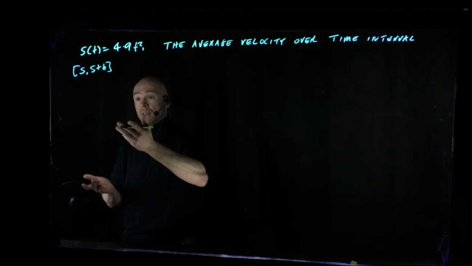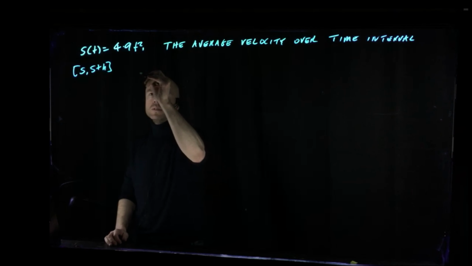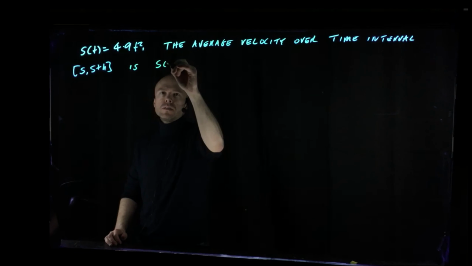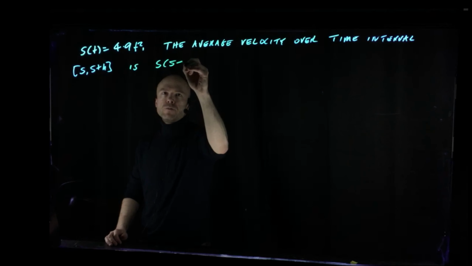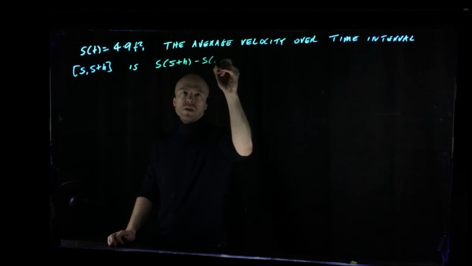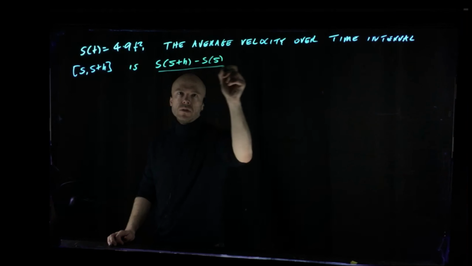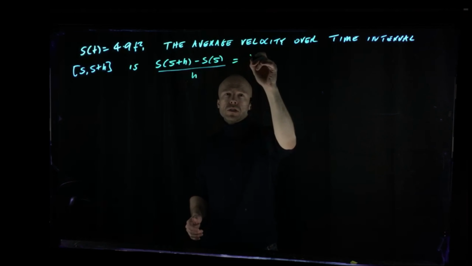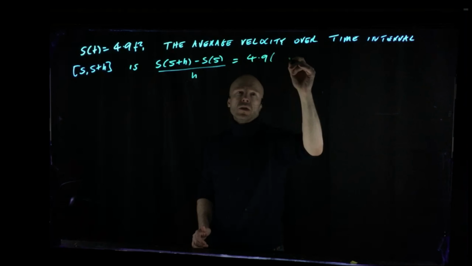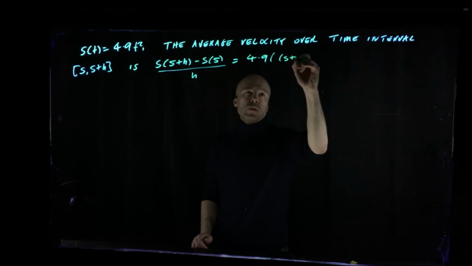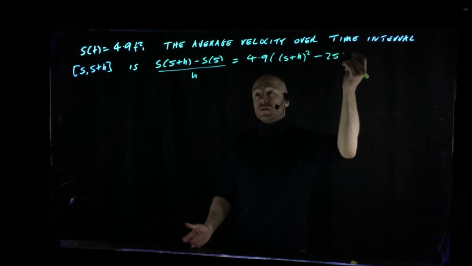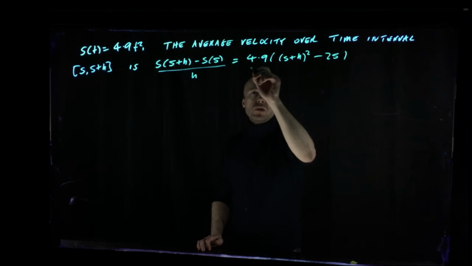Let's just say it's h and it's some very small number. What's that going to be? It's going to be given by s of 5 plus h minus s of 5 over h. And then we can just see what that comes out. So it's going to be 4.9 times 5 plus h squared minus 25, because we have 5 squared, over h.